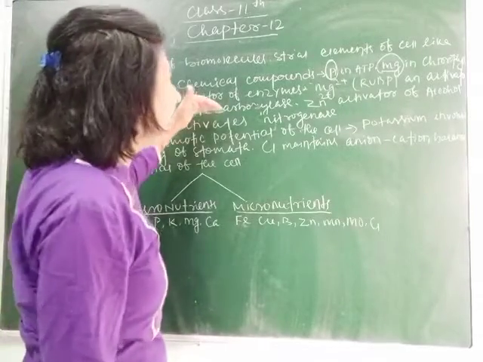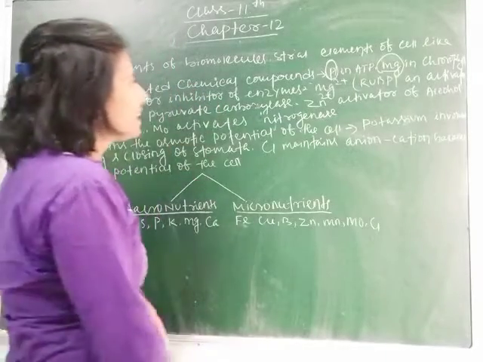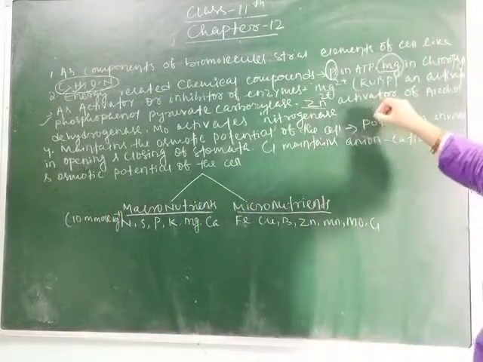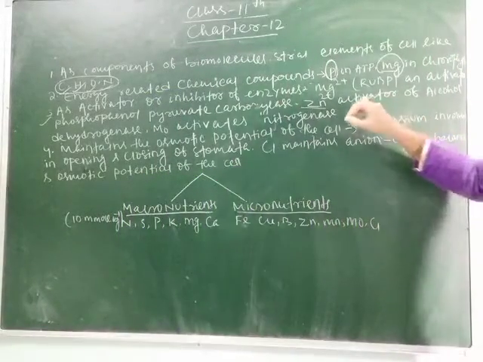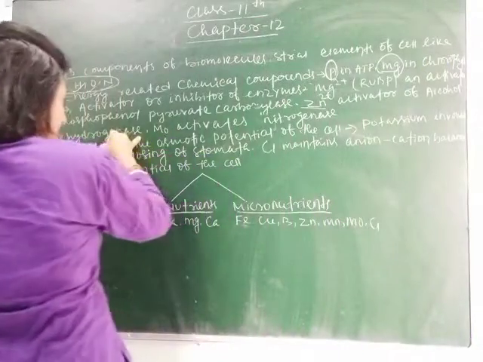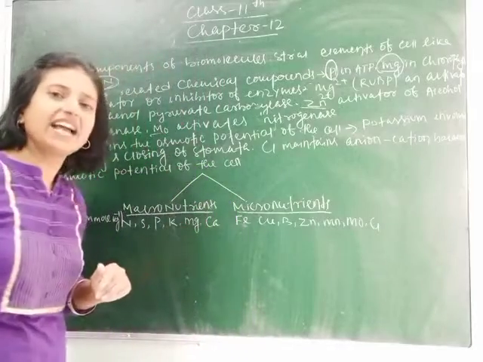Here I have given you the example of magnesium and zinc. Magnesium and zinc act as activators. Clear, students? They are the activators of alcohol dehydrogenase, as well as molybdenum also activates nitrogenase.